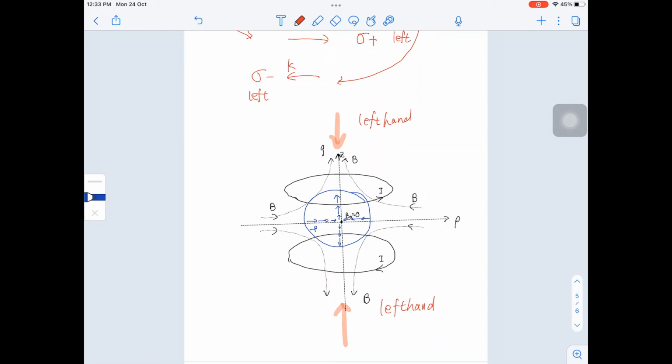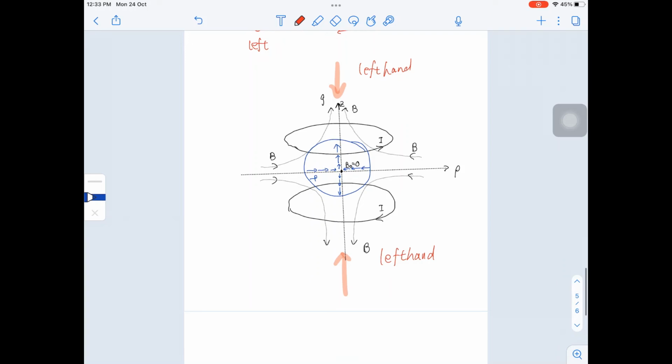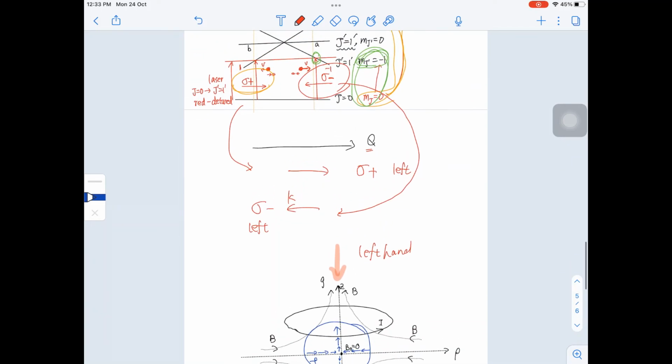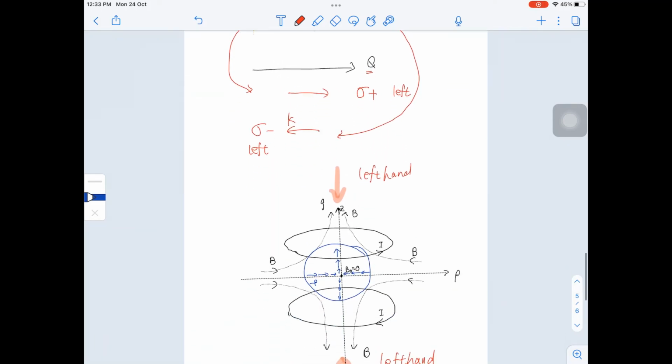We need to shine both left hand polarized light. And this can form sigma plus and sigma minus, where this is sigma plus, this is sigma minus light.